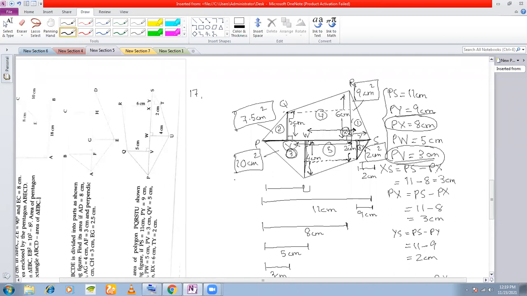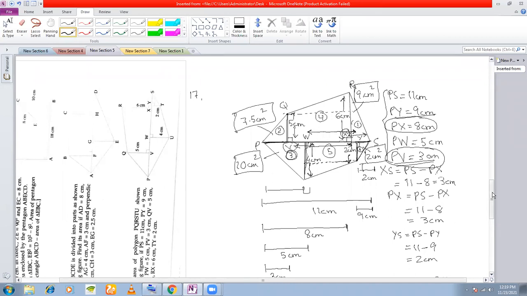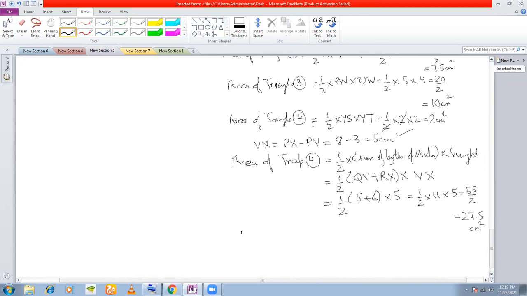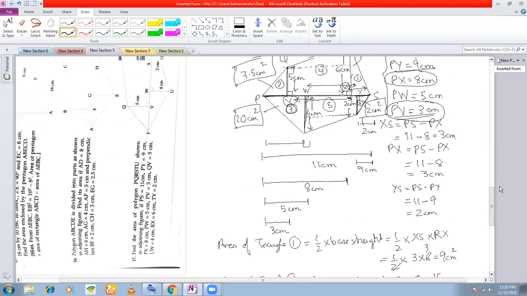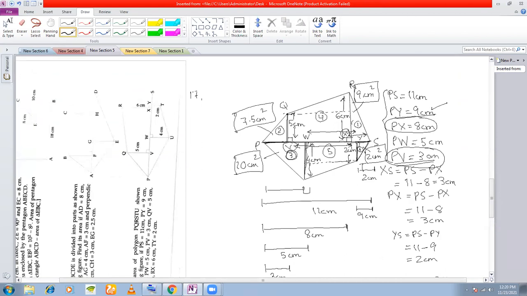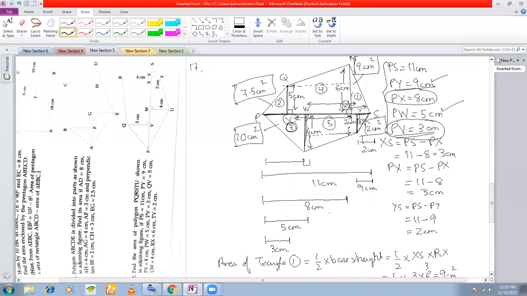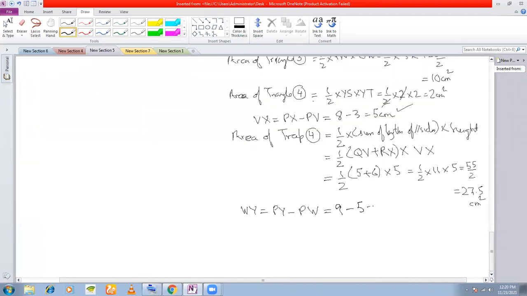How do you find WY? PY minus PW, right? Do we know the length PY? Yes, and we also know the length PW. So this is 9 minus 5, equal to 4 centimeter.